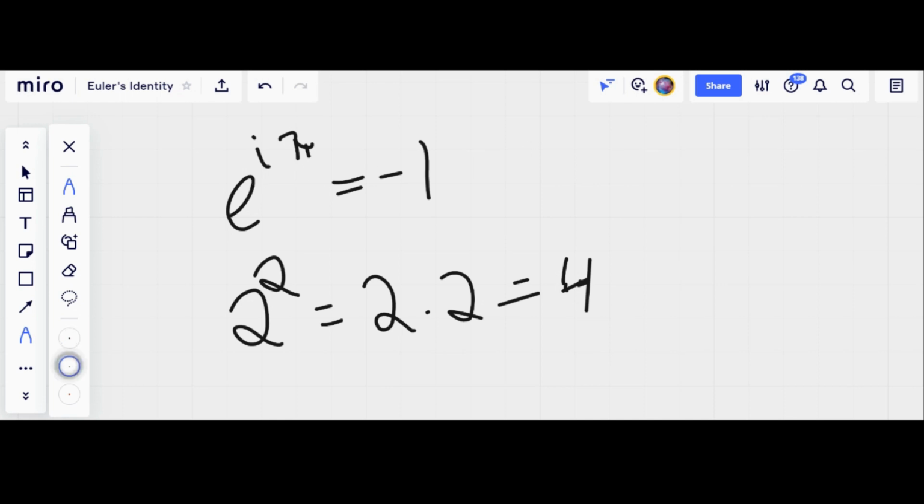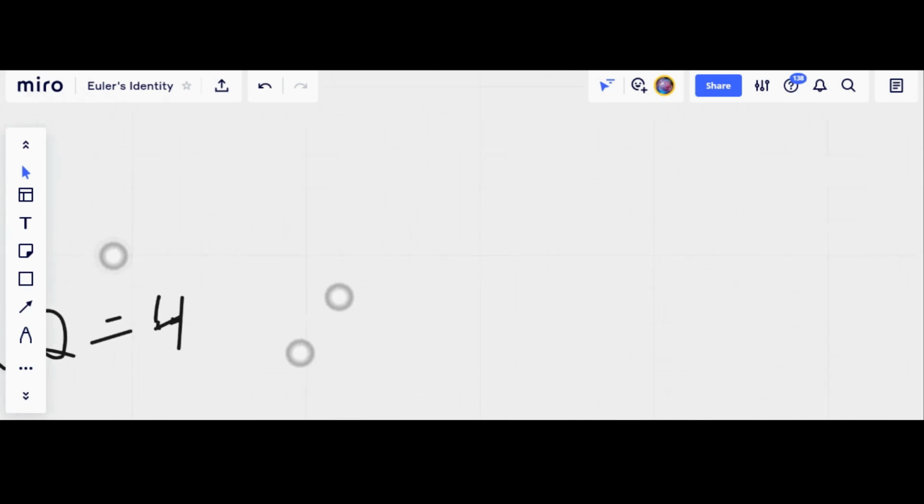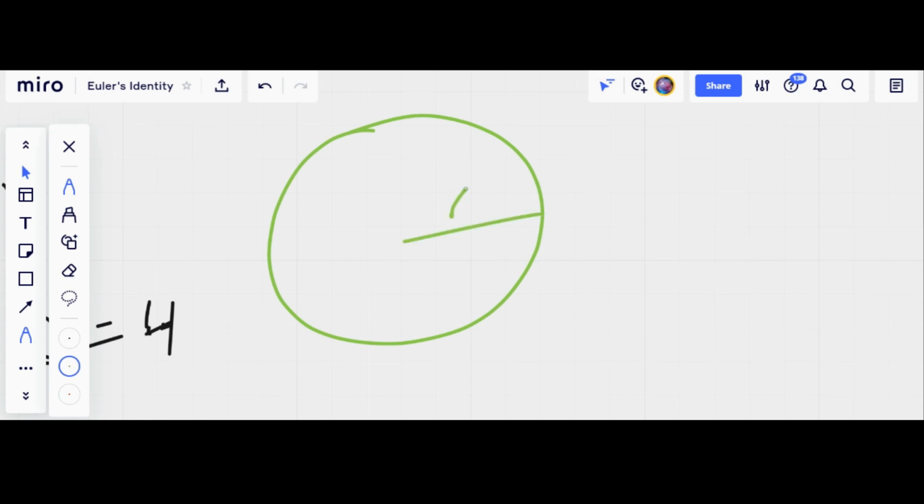Let us recall, so let's just go ahead and go off on the side here. Let us recall that when you have a circle, right, it has a circumference. That circumference, let's just say the circle is of radius r, is just going to be 2 pi r. Now, what's the diameter equal to?